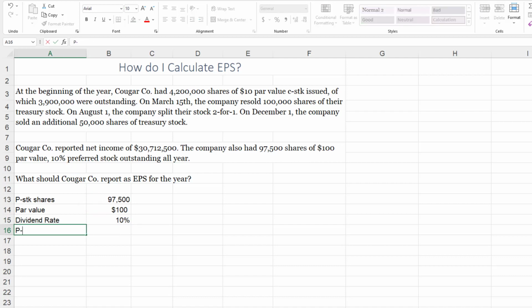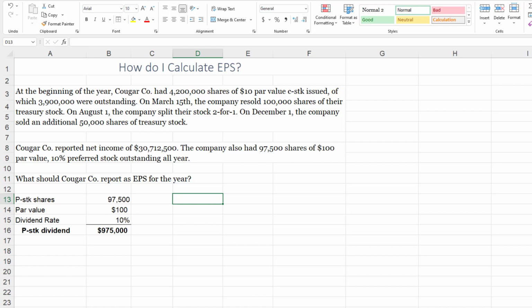So my preferred stock dividend will be 97,500 times $100 par times 10%. So I'm supposed to pay them $975,000 each year.